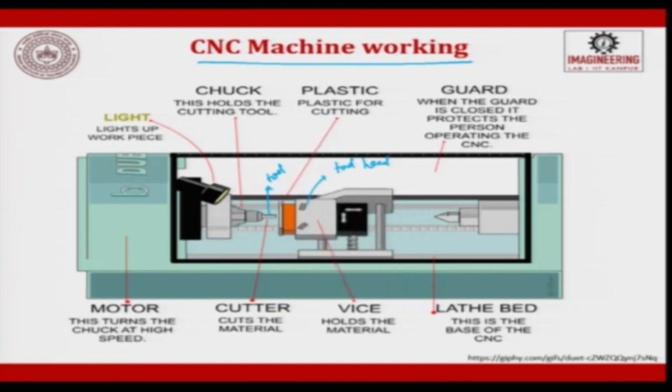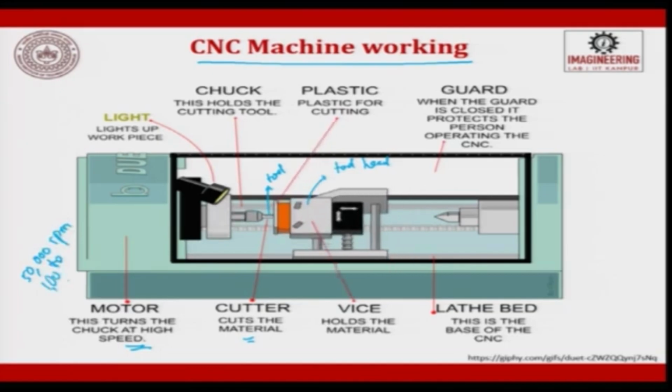Plastic is the material which is used for cutting. The tool is given here, and the tool is given rotation and that is used to cut material. You will have a motor, a stepper motor which can run at very high speeds. Today, we are even talking about 50,000 RPM to 1 lakh RPM.